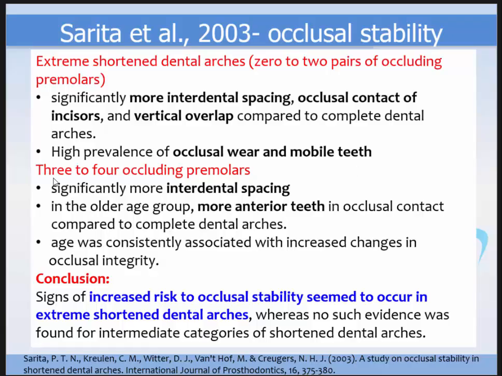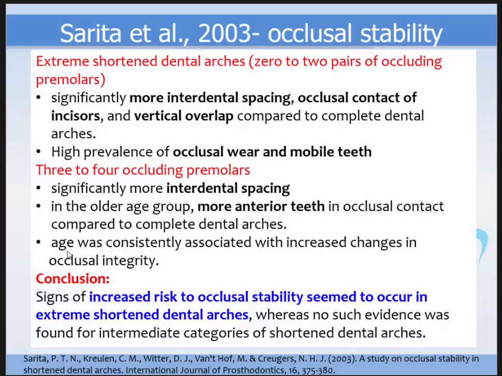Right, so if the patient has 3 to 4 occluding premolars, which is the common SDA that we find, it's only present with more interdental spacing. Okay, only in the older age group you have more anterior teeth contact.